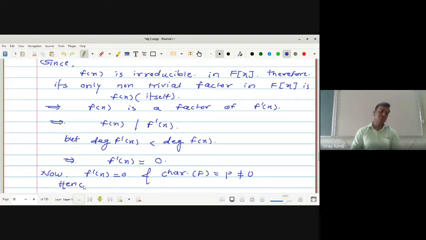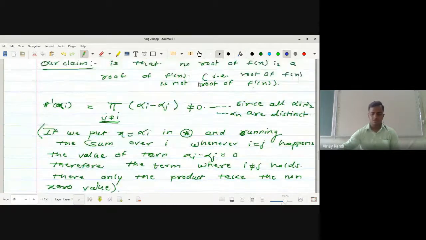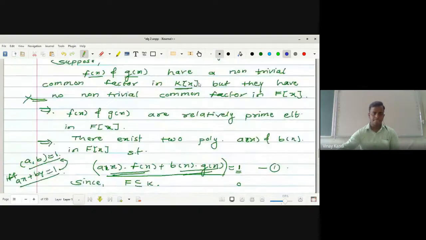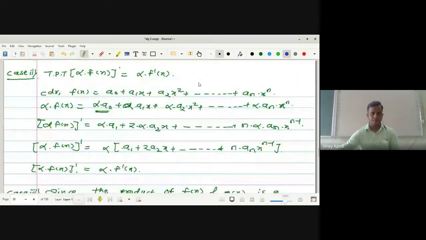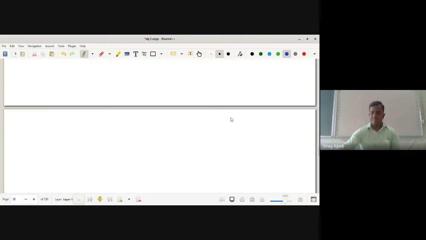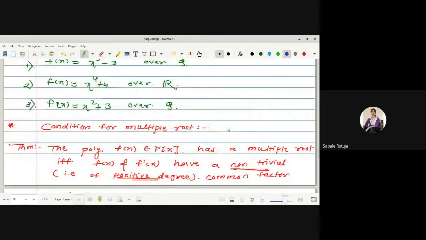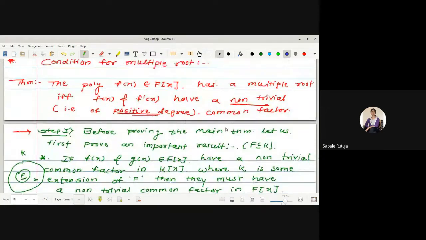Hence, by the previous theorem: if f dash of x is equal to 0 and the characteristic of F is p, then f of x is equal to g of x raised to p.